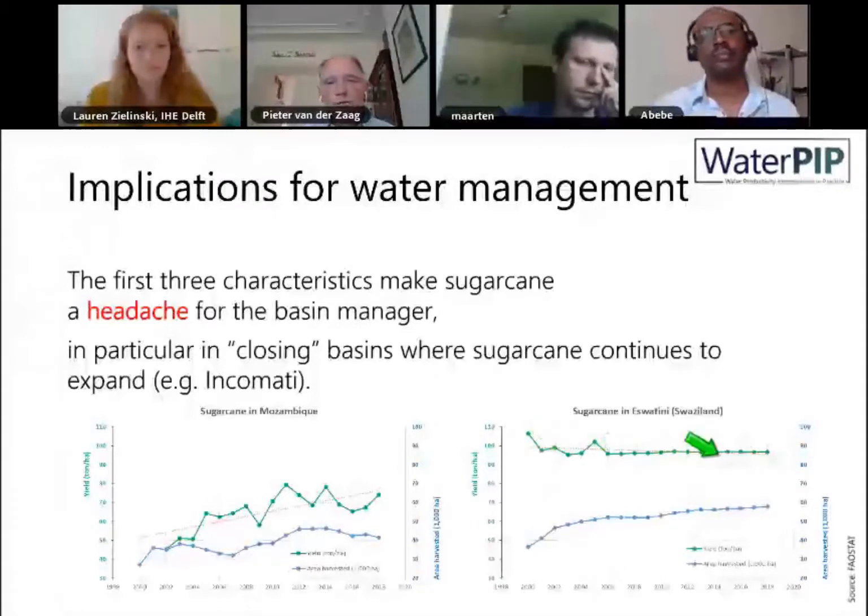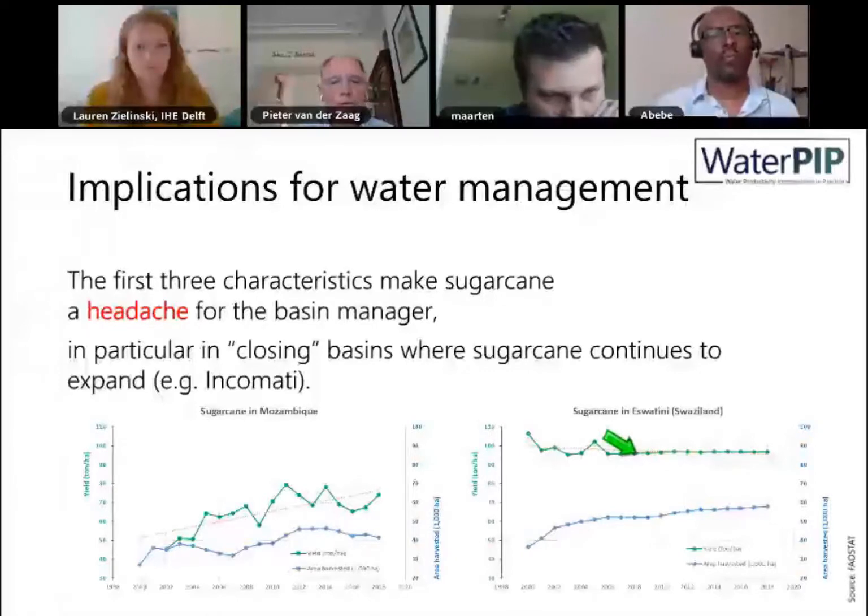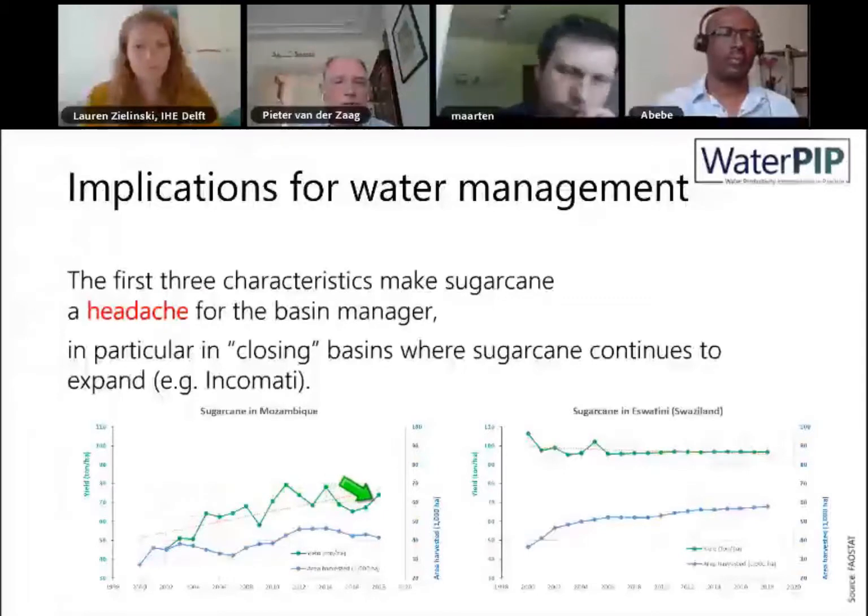Swaziland has very good operations, and you see they have high, stable yields of around 100 tons per hectare. And in Mozambique, it's really fluctuating, but overall increasing.